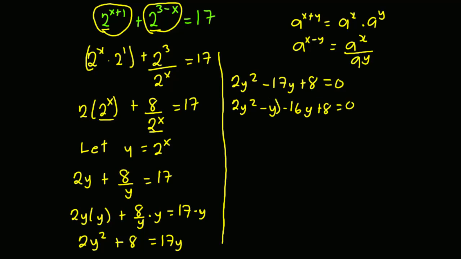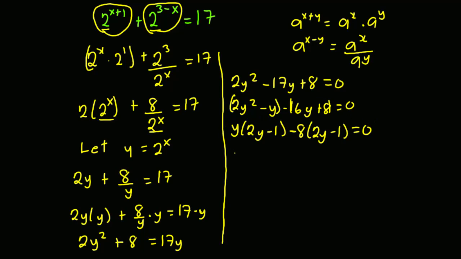So let's go ahead and factorize. If we factorize, y will come out, so we'll be left with 2y minus 1. Then over here we can factorize negative 8 out, and we'll be left with 2y minus 1, and this will give us 0.